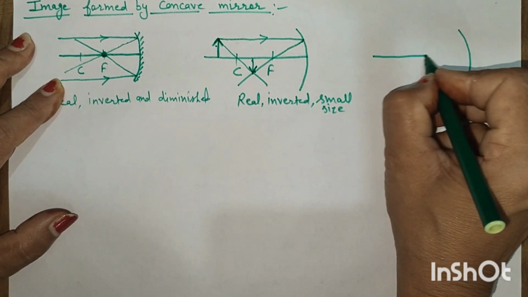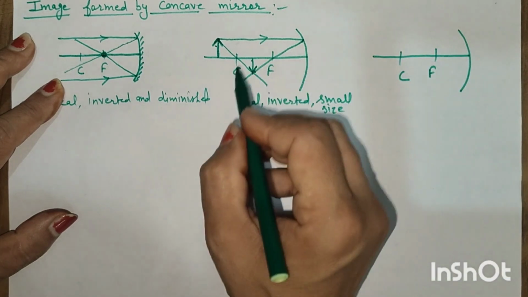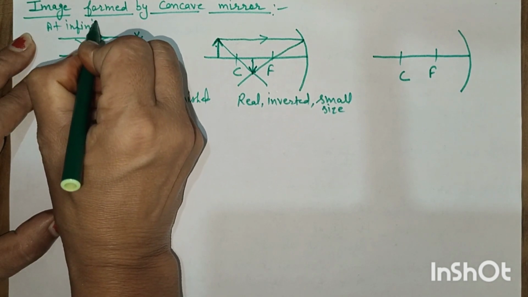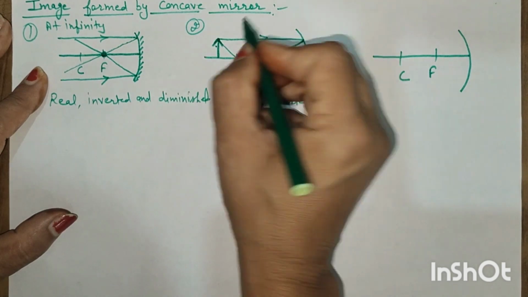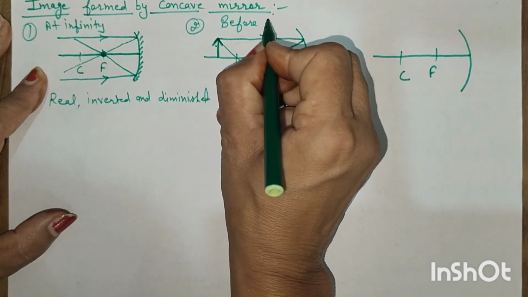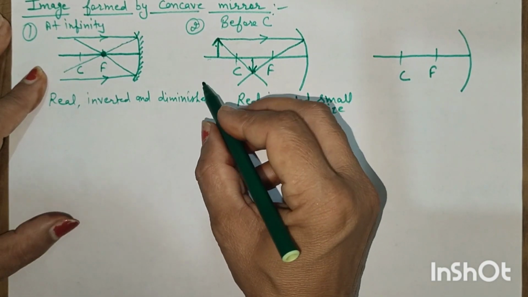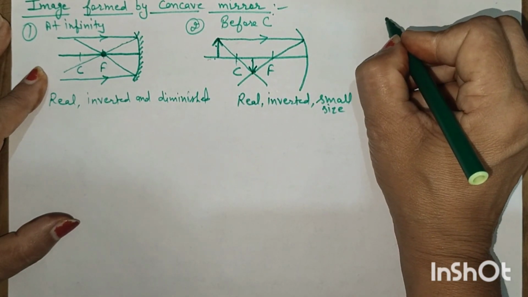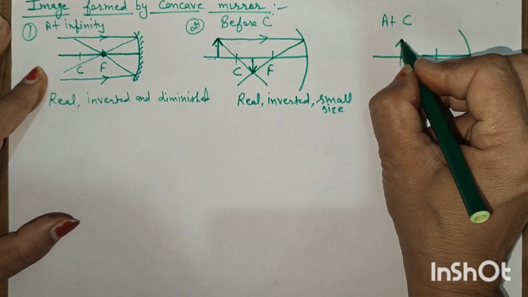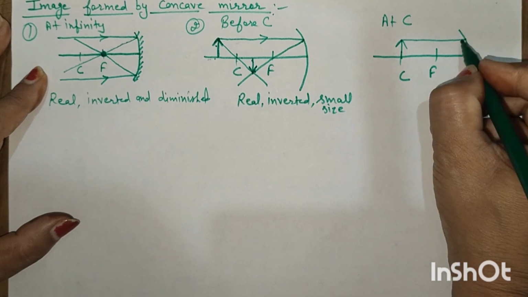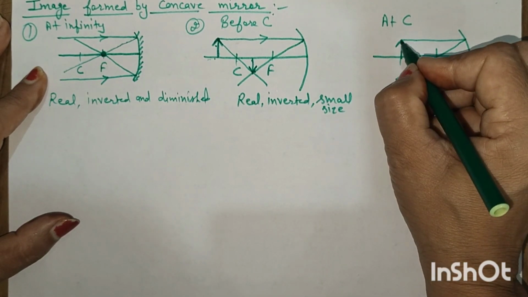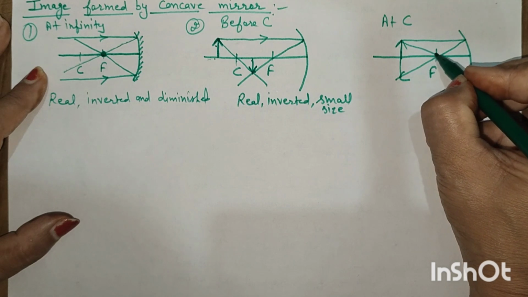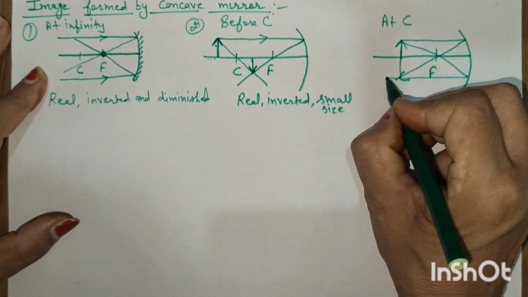Now, next image, when the object is placed first at infinity, second beyond C, and now we will put it at C. According to the first rule, rays go parallel to the principal axis, then pass through the focus and then the center of curvature, and after passing the focus, they go parallel to the principal axis.